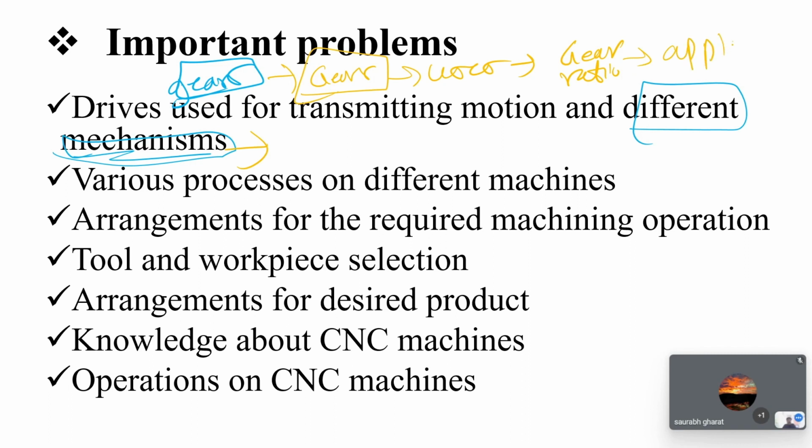applications, various processes on different machines, and from that, the lab demonstration part. Various processes on different machines, arrangement required, tool and workpiece selection, arrangement for the desired product, knowledge about CNC machines, and operation in CNC machines, which I told you in the course outline part, the course summary part.